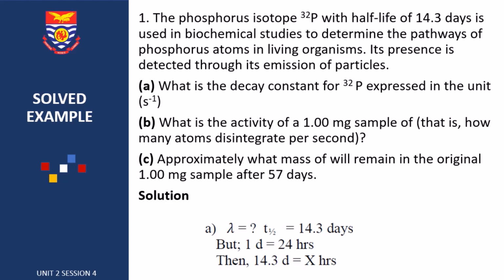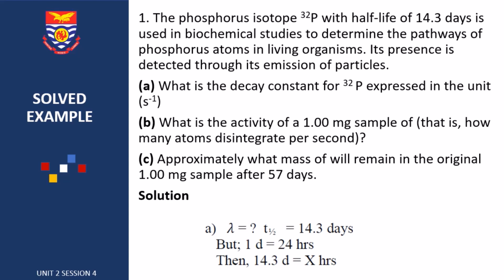Now, to solve for A, we are to find the decay constant, and we are to find it in per second. However, our half-life has been given in days, so we need to convert our half-life to seconds.